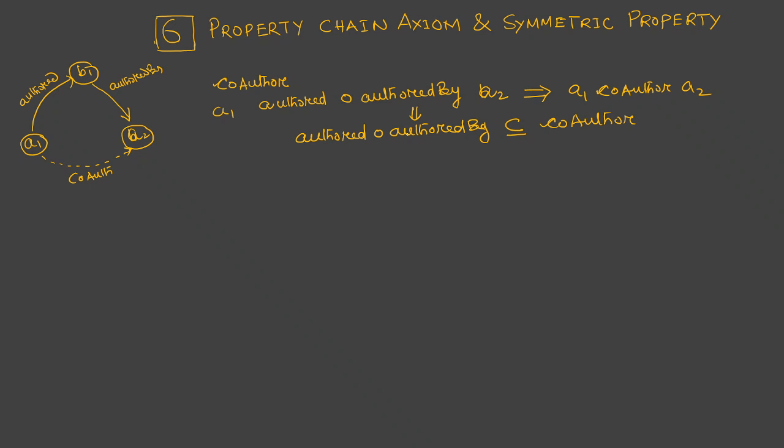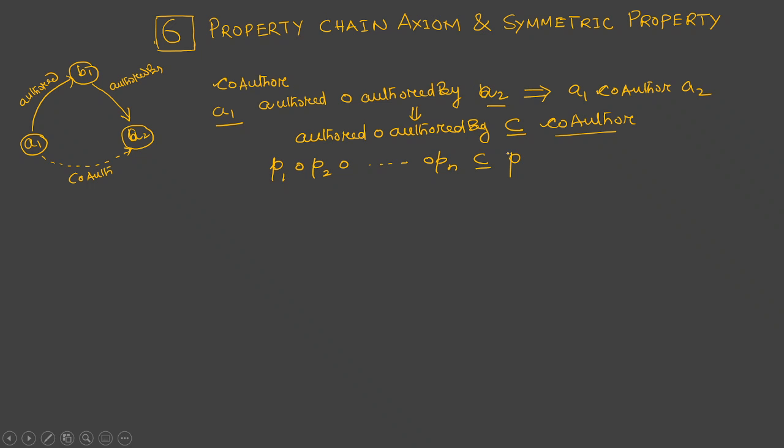Any pair of individuals connected via this chain will share this relationship, co-author. So we can generalize this by saying P1, P2, up to Pn will be a sub-property of some other property.